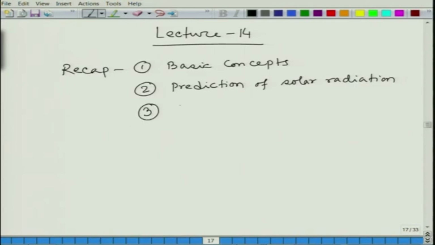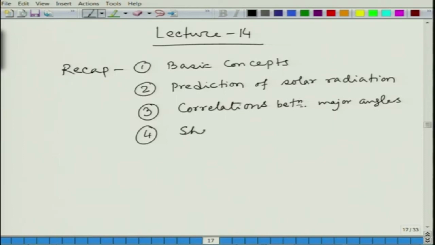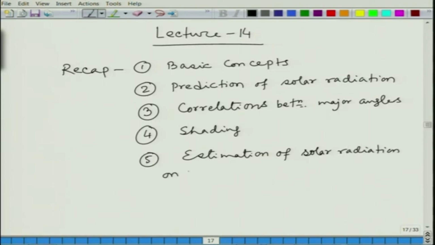Third thing we covered the correlations between major angles, okay, that we derived, and then we have looked at shading, how it affects the solar energy conversion systems, and then we have started looking at the estimation of solar radiation on a tilted plane.